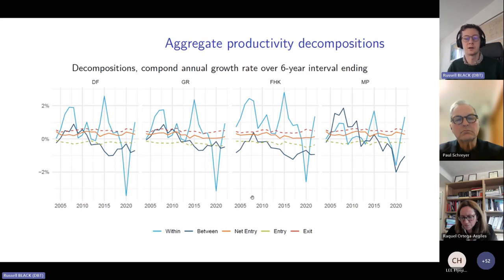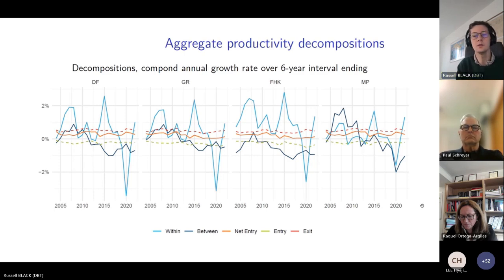This is largely repeated across the decomposition formulae, the 4 that I showed you. The Melitz-Polanec formula uses an average that is weighted by firms rather than weighted by workforce share of firms for the within effect. So it's basically a within effect, but counting every firm with the same weight.